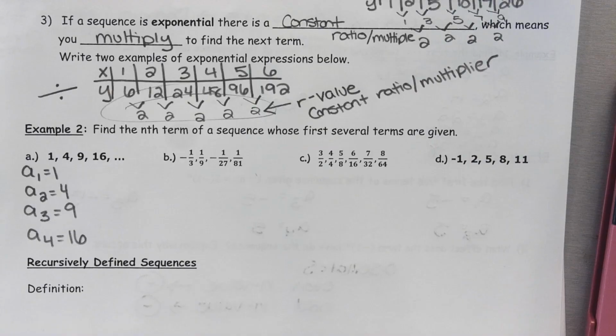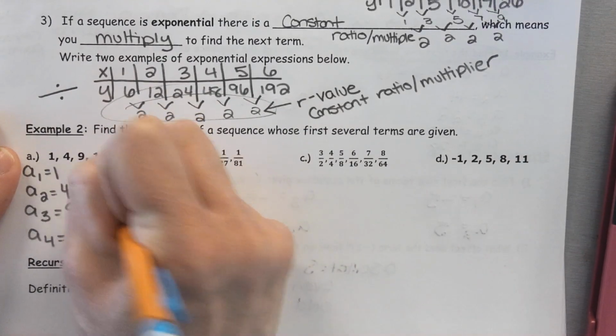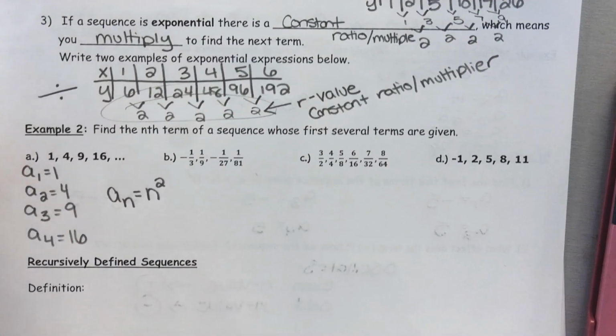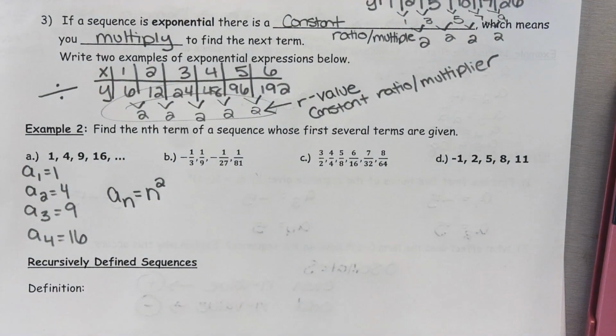It's a squared. So, if my formula was n squared, would that work for all of you? If I plugged in my n value, would it give me the correct answer?